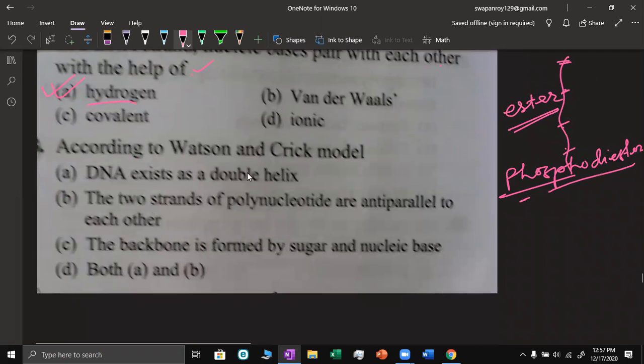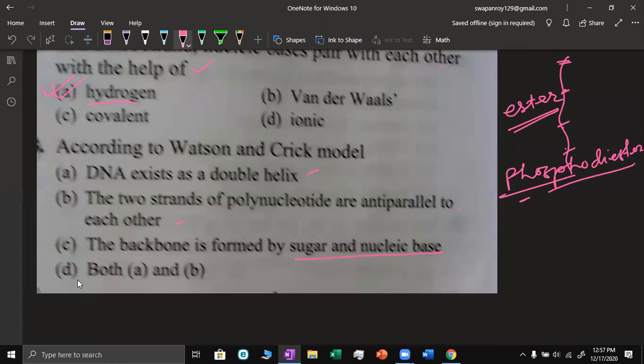According to the Watson and Crick model, DNA exists as a double helix. The two strands of polynucleotides are antiparallel to each other. The backbone is formed by sugar and nucleic bases, both A and B. Option D, sir.